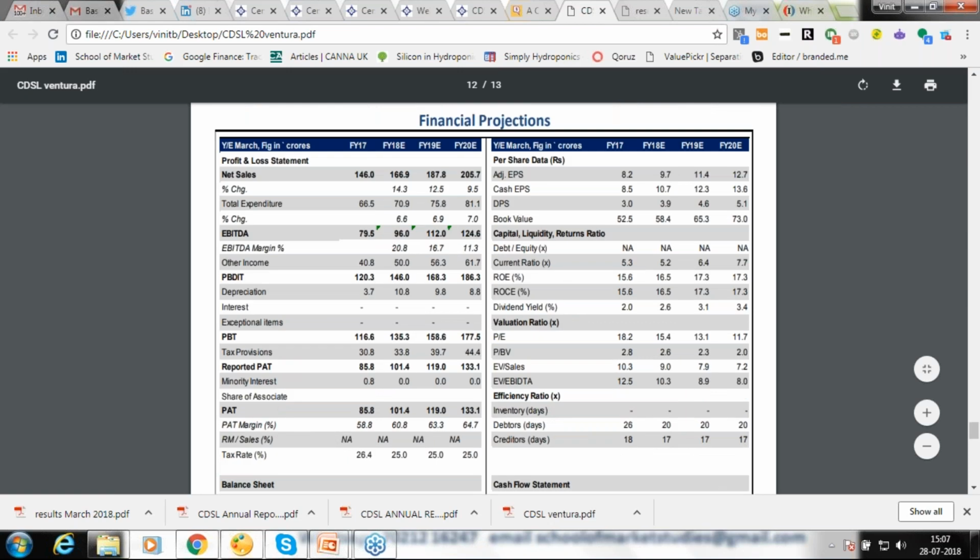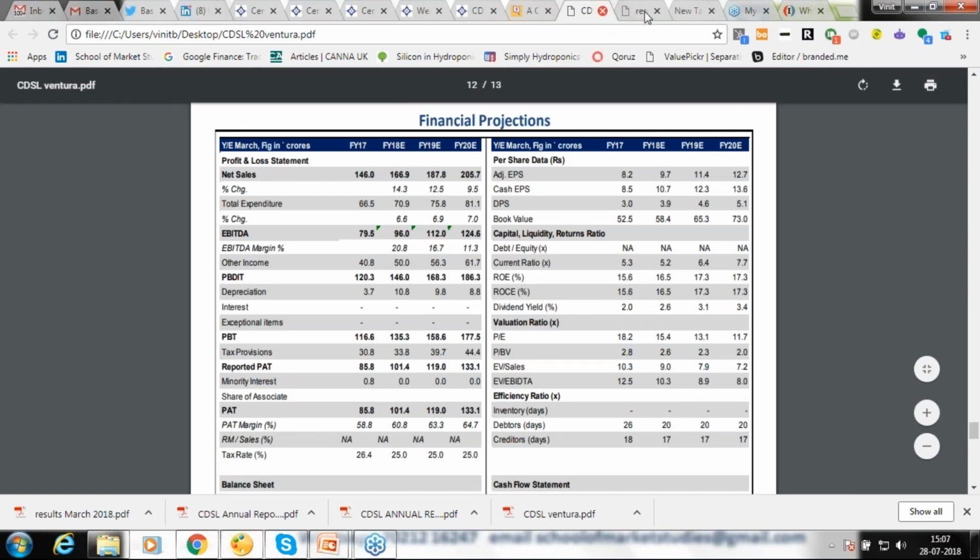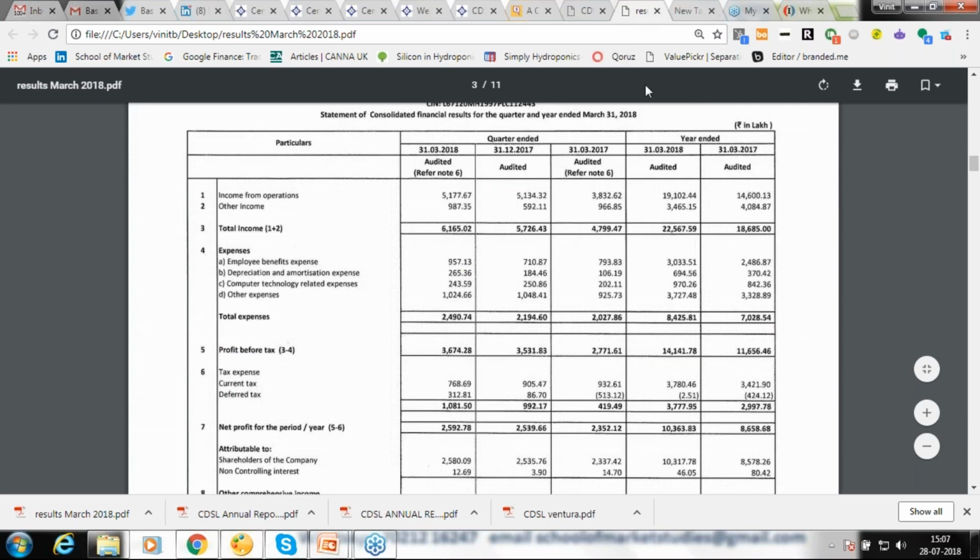So if you see, this is far ahead of our estimates. So instead of 166, this has come to 225, and let's break it down into income from operations and other income. So income from operations is 191 crores.